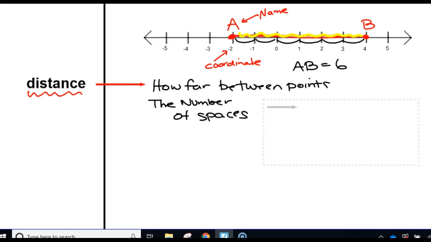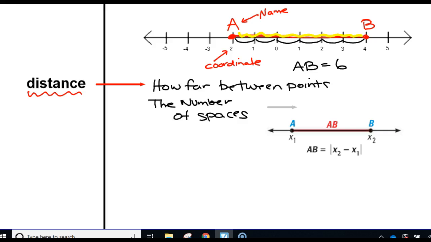Now, when we have a number line, it's very easy to count the number of spaces. The problem can be, what if you don't have a number line? What if these numbers were, let's say, on this picture that we have here, let's say this number was 23, and this number up here was 97. How do you calculate how many spaces that is?